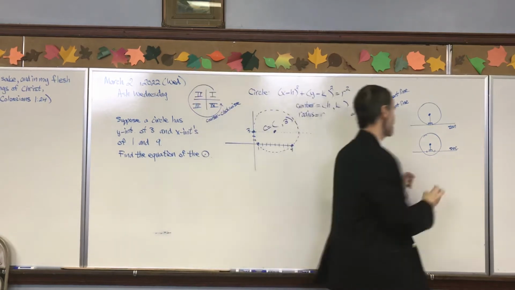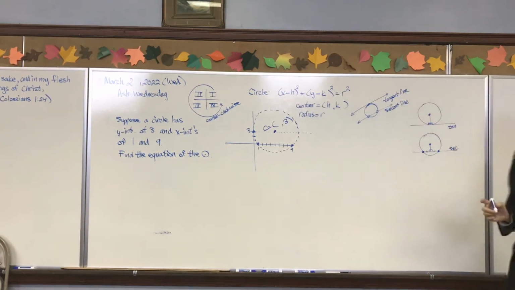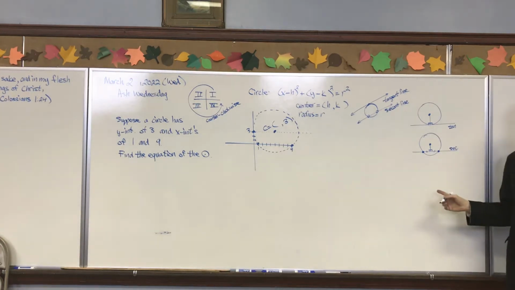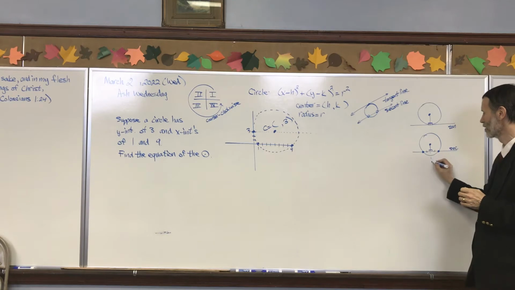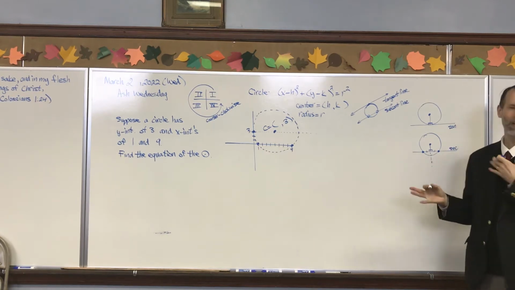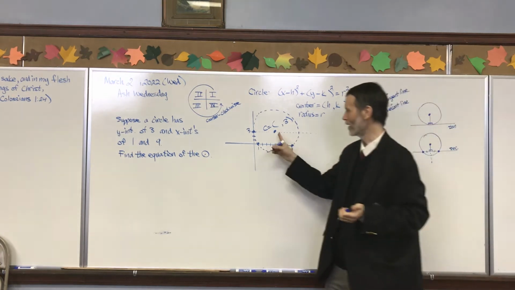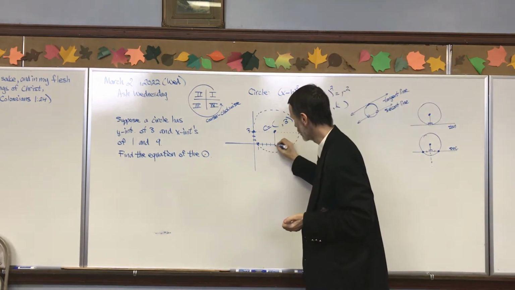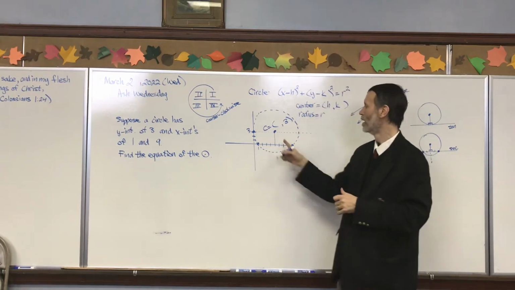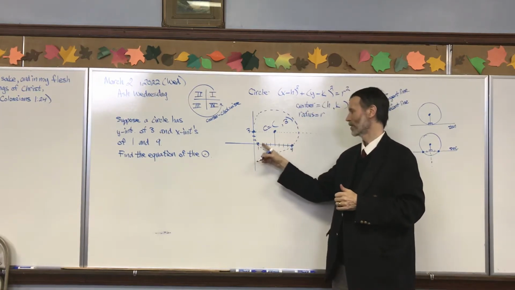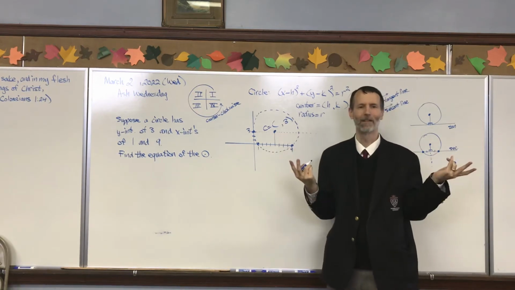If this little line segment is perpendicular to the radius, then it must also be bisected by the radius. In other words, it aims straight through. All I care about is that if I dropped a radius, well, it's not a radius, but a little stem there, perpendicular to this line segment, it also breaks it in half.